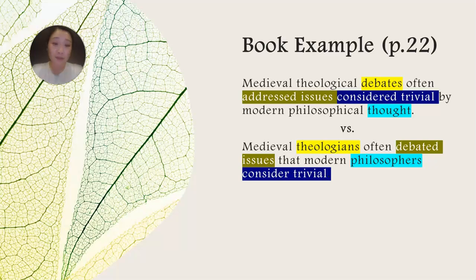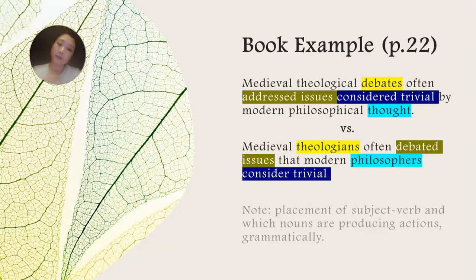And so we don't really need the word thought in the sentence anymore. It's not required for the sentence to make perfect, logical, clear sense. All right, and so just note here the placement of the subject and the verb relationship and which nouns are actually producing the actions grammatically, right?